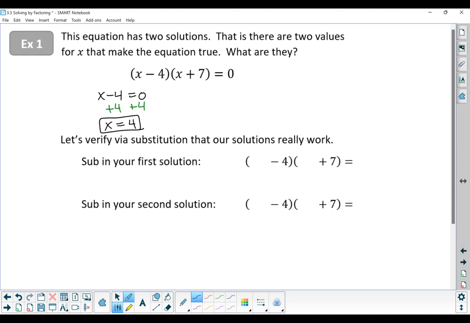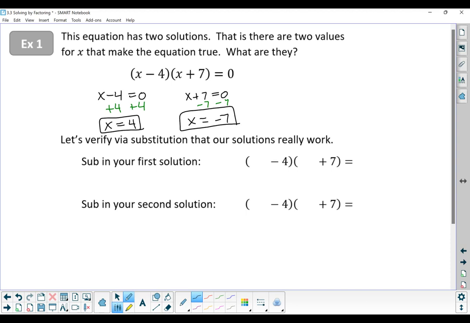We have the solution that x is equal to 4. And our other possible answer comes from x plus 7 equal to 0, in which case we would subtract 7 to get our second solution. So there are two solutions to this equation, x equals 4 and x equals negative 7.